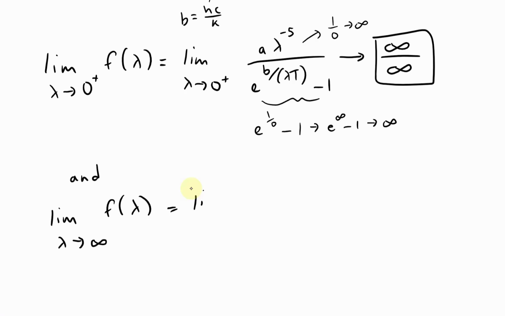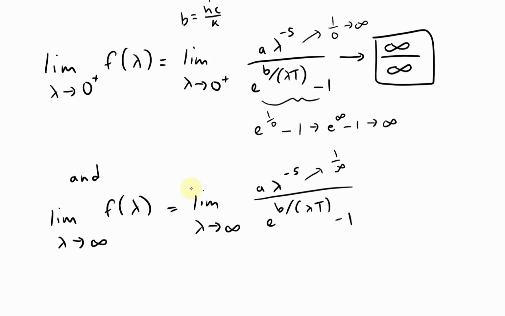Let's write this for completeness, the exact same thing, with a lambda to the power -5 and e to the b divided by lambda t, minus 1. Now when you plug in infinity, you're going to have 1 over infinity for the lambda, and then this is going to go to 0.